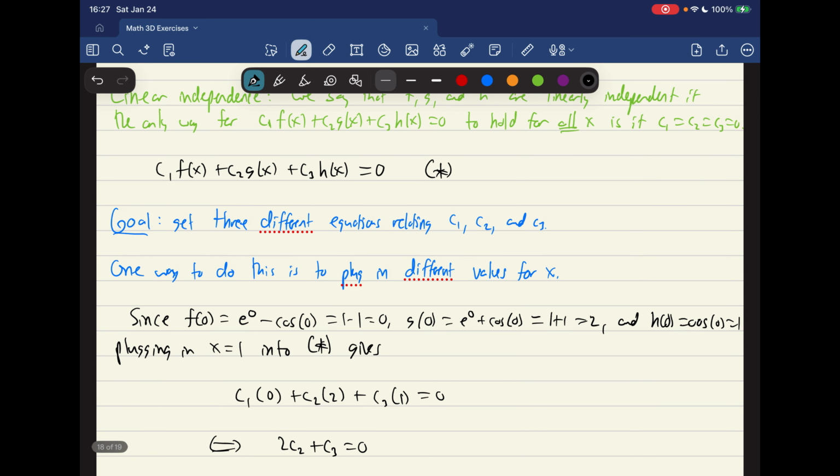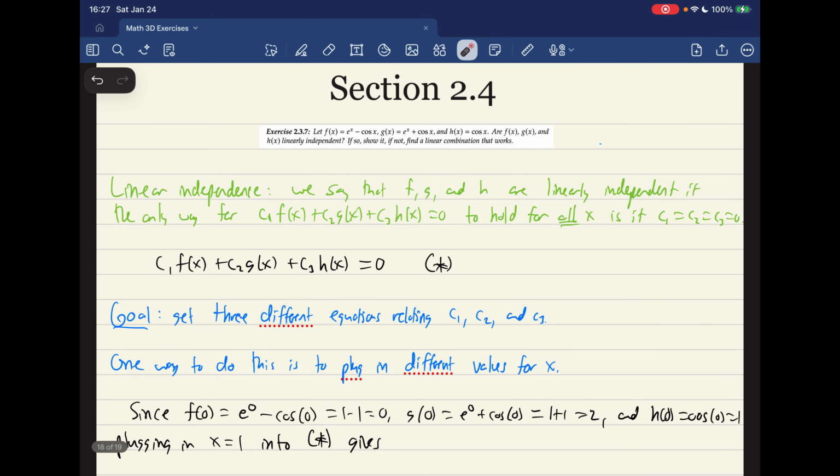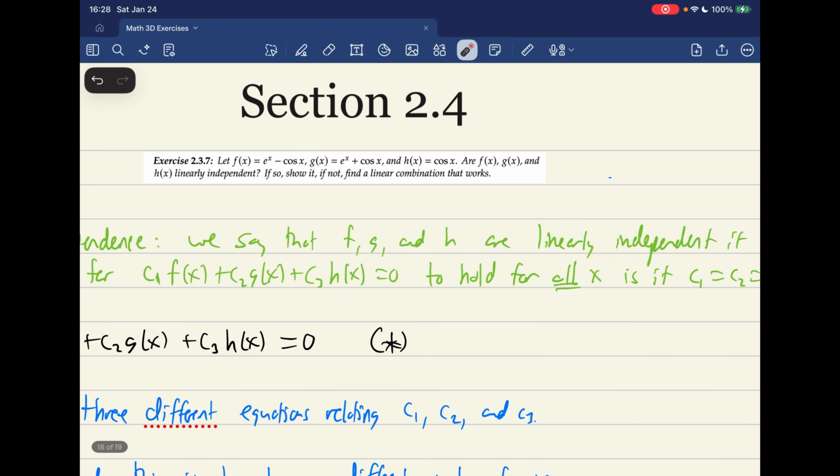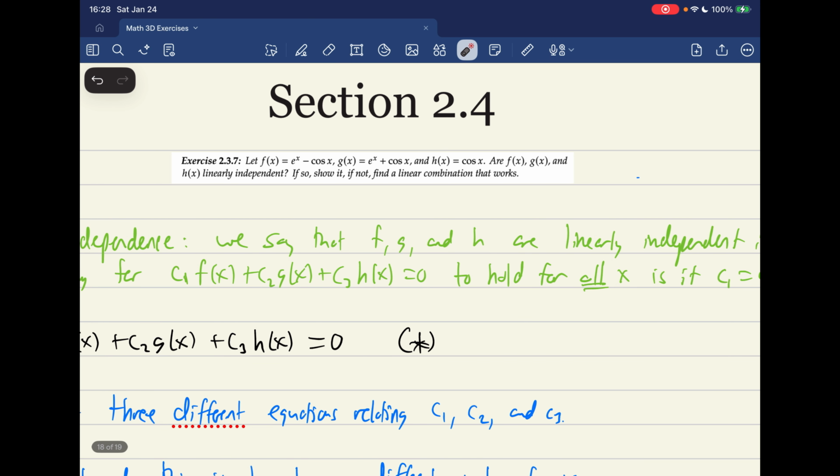Now, another thing we can try, maybe there's another x value we can plug in. But here, the problem is that if we plug in anything other than x equals 0 into these functions, we're not necessarily going to get nice values per se.